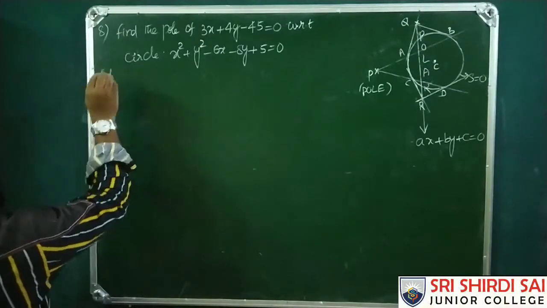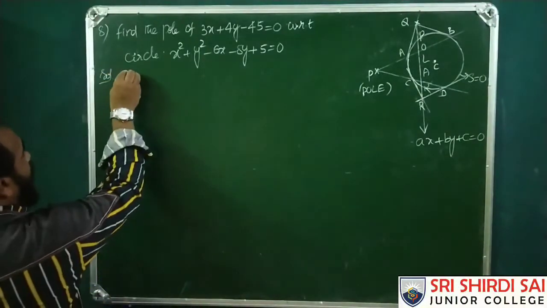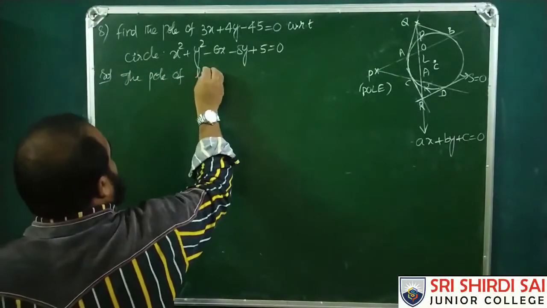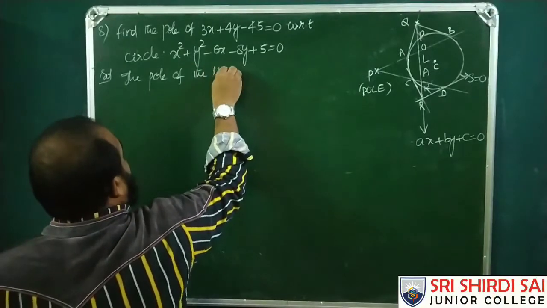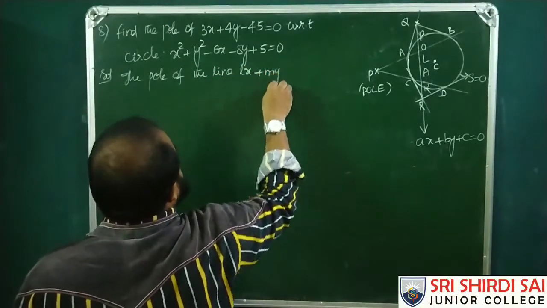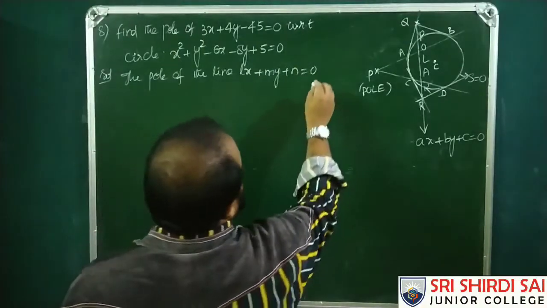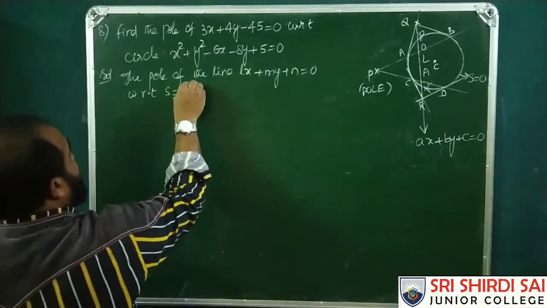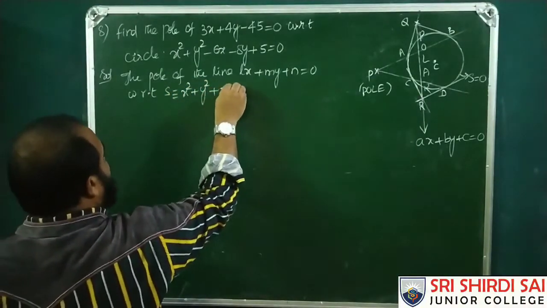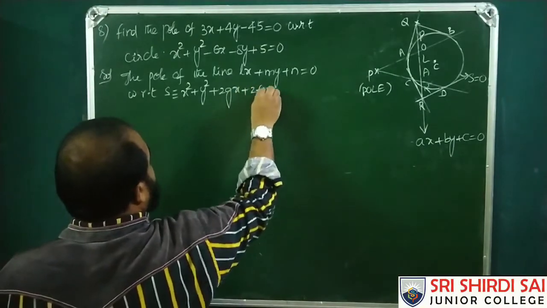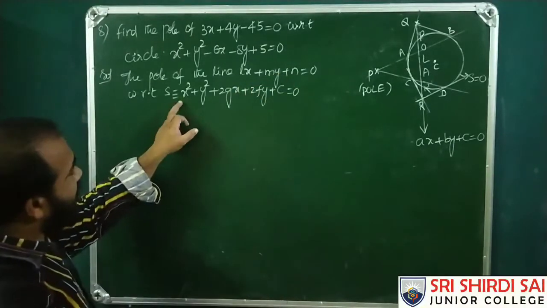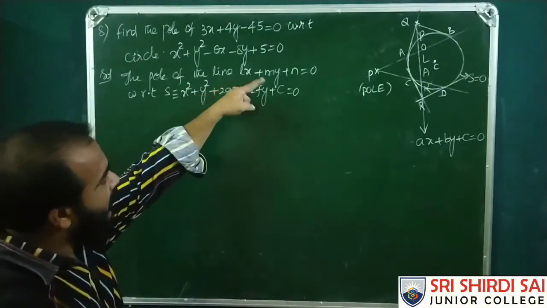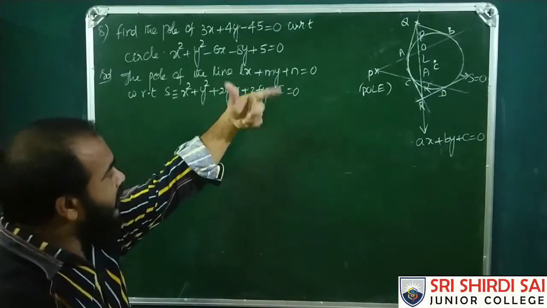In the last problem we discussed the pole of the line lx + my + n = 0 with respect to the circle S, the general equation of the circle x square + y square + 2gx + 2fy + c = 0. In the last problem it was x square + y square = r square, which is the standard form of the circle, and the formula was minus l r square by n, minus m r square by n.